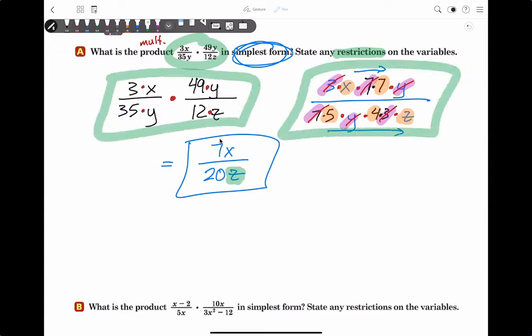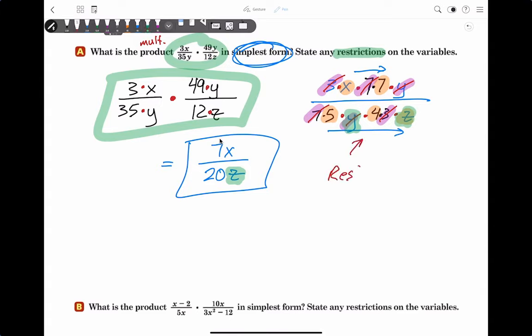So what values for all the variables, just the variables? I have a variable of y and I have a variable of z. That's whenever you're going to name your restrictions, because just because they disappear doesn't mean that you don't have to account for them as far as restrictions. So y cannot equal 0, and z cannot equal 0.